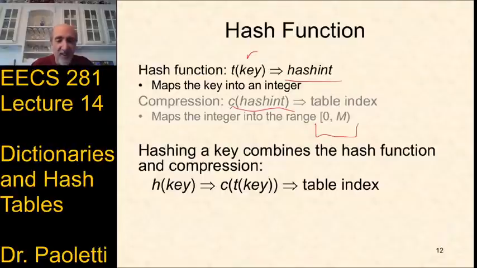I do realize our slides sort of skip back and forth between lowercase and uppercase m. So we can think of the hash function overall as the compression of the translation of the key. We transform the key into an integer, and we compress that integer into a valid index in our table.